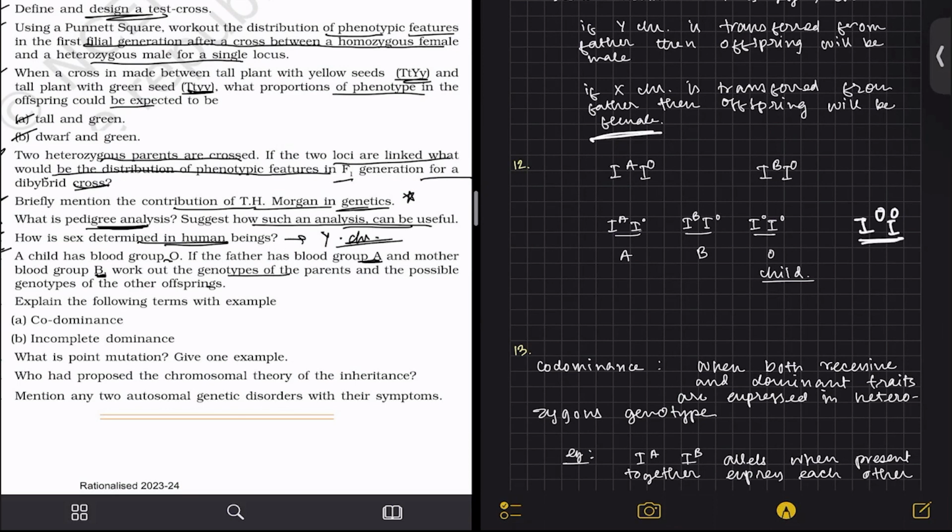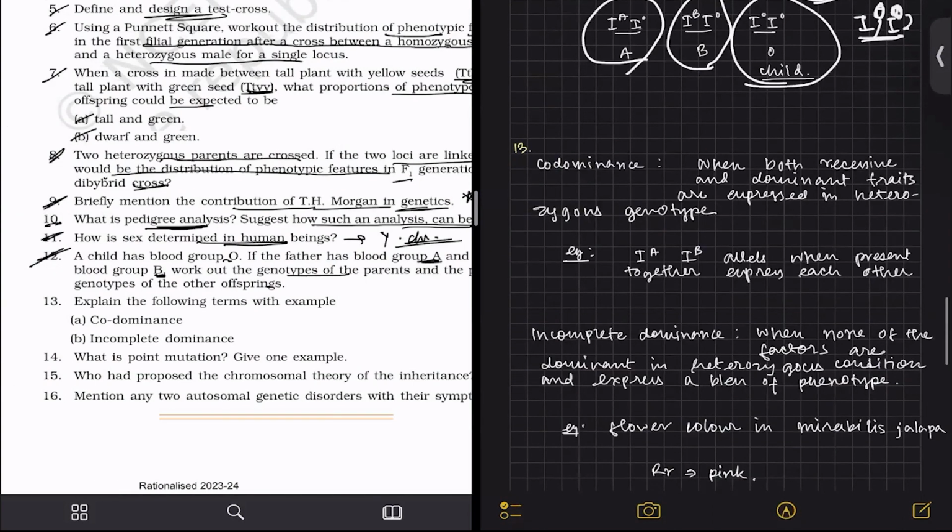The father has blood group A, the mother has blood group B. For the child to have the O genotype, the father must be IAIO, and the mother is IBIO, and the child has genotype IOIO. So these are some simple questions that you can expect from this chapter.